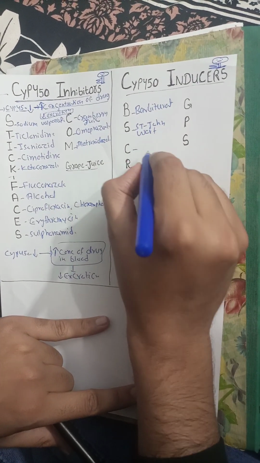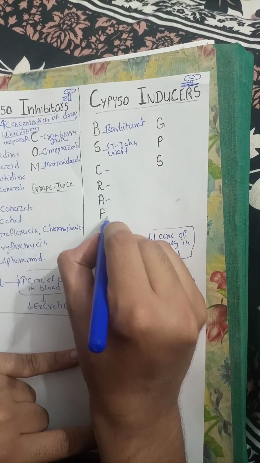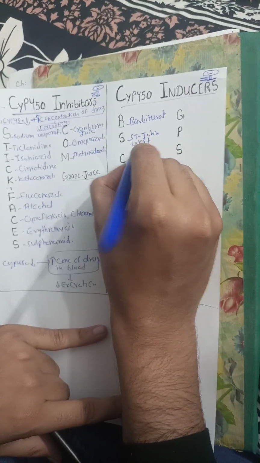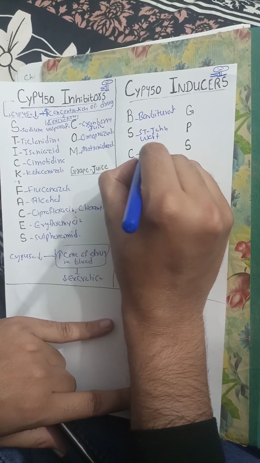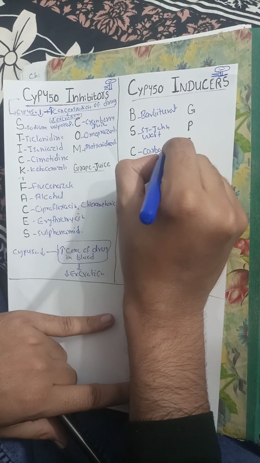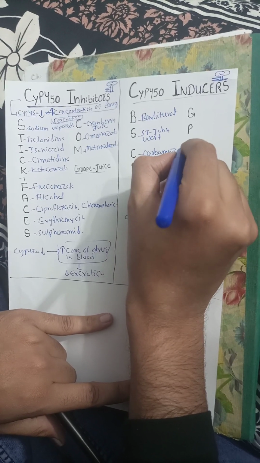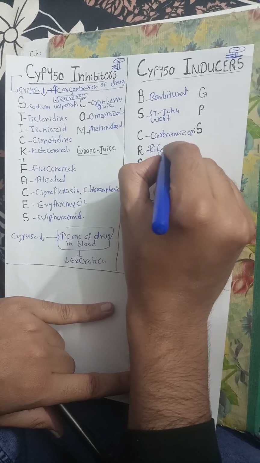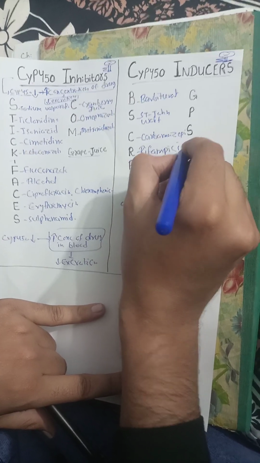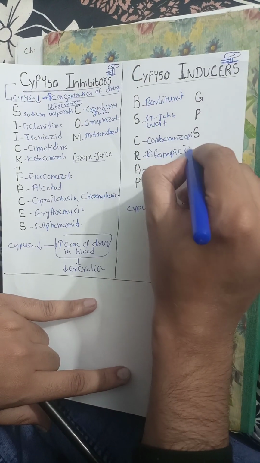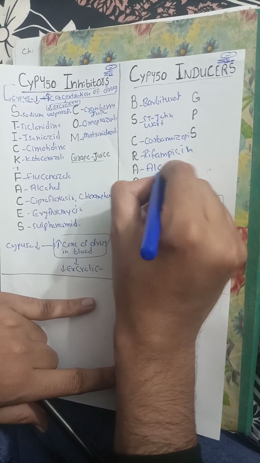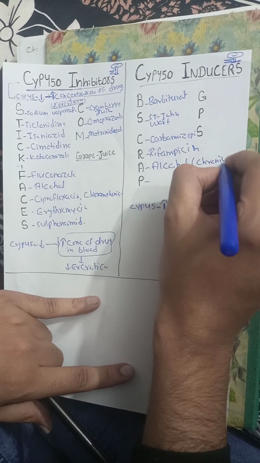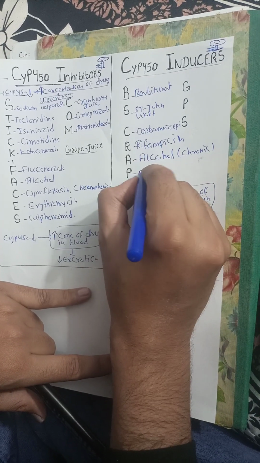C means carbamazepine, R means rifampicin, A means chronic alcohol use, and P means phenytoin.